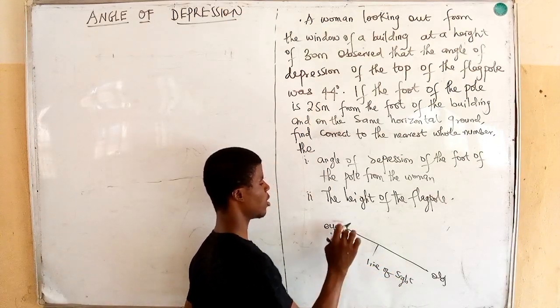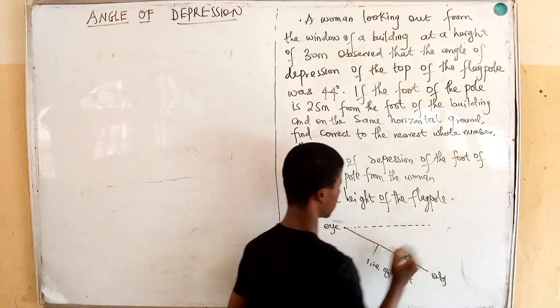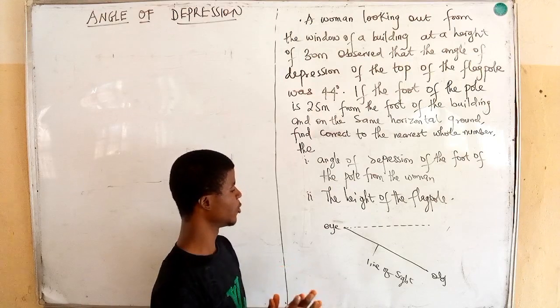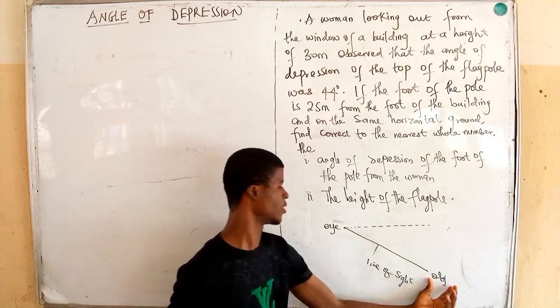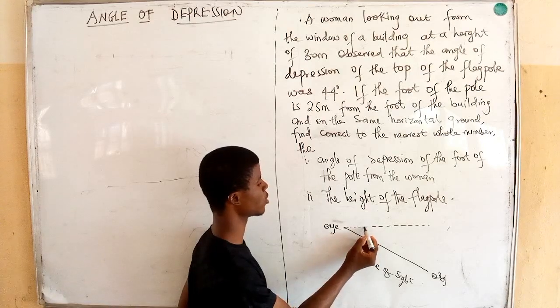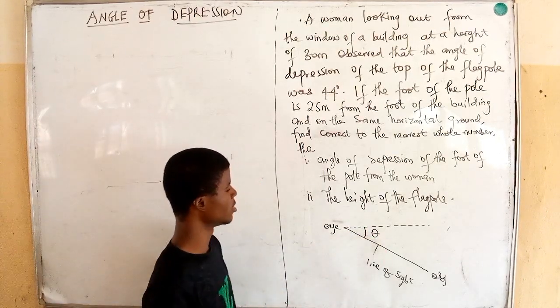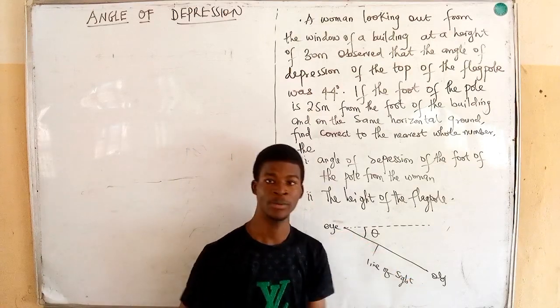Now, there is also a horizontal line. The angle of depression of this object from this eye is the angle that is made between this horizontal and this line of sight. Let's say theta. So this is the angle of depression.